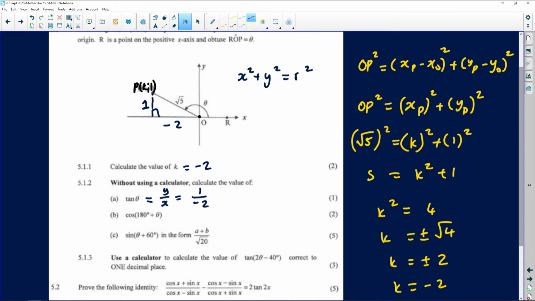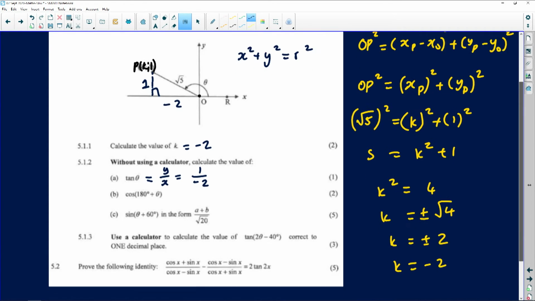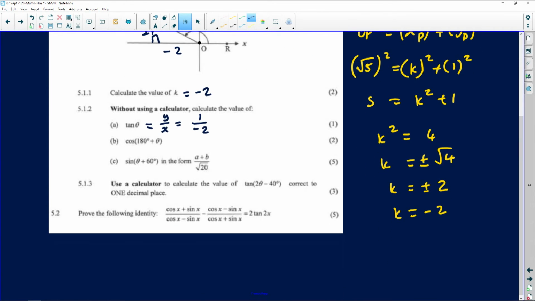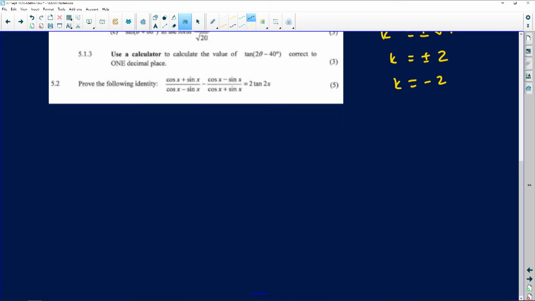The next question is asking for the cosine of 180 degrees plus theta. Cosine of 180 degrees plus theta, we can then obviously apply our knowledge of reduction formulae. What do we know about the reduction formulae? Well, when anyone asks you for the cos of 180 degrees plus theta, you look at which quadrant this angle lies in.